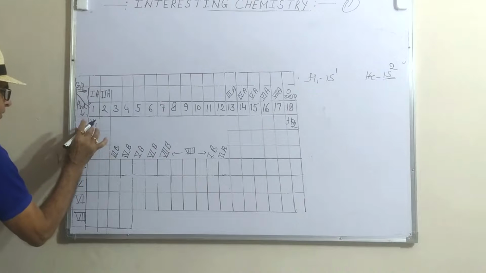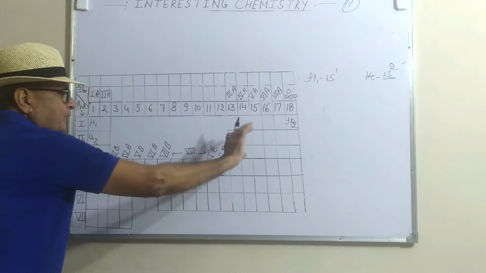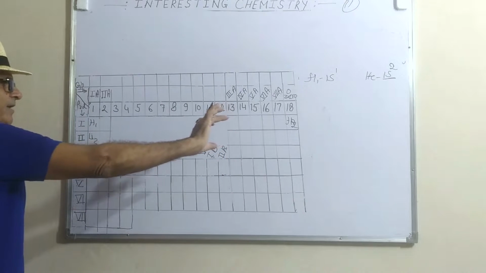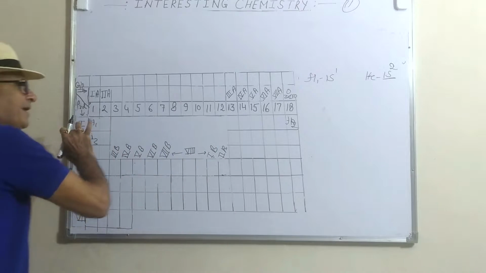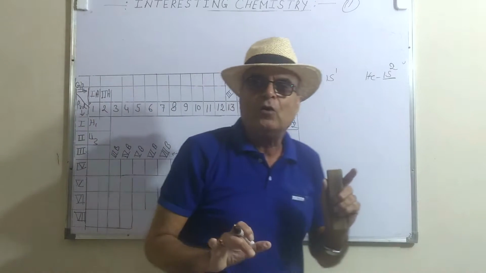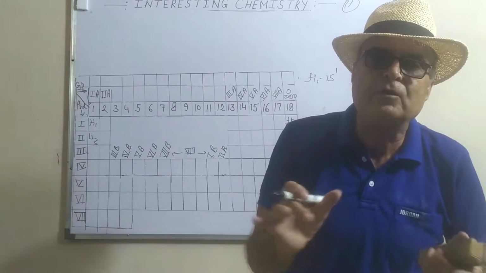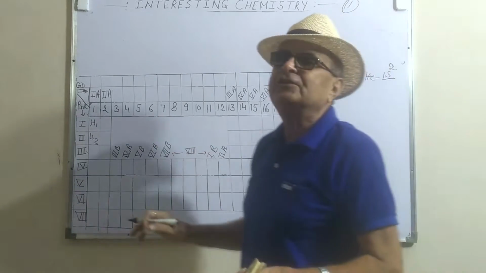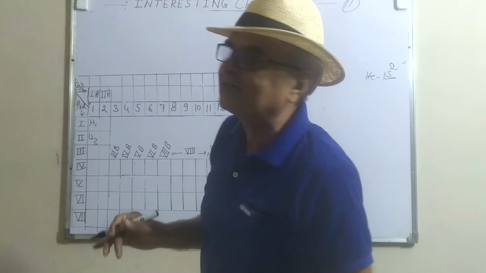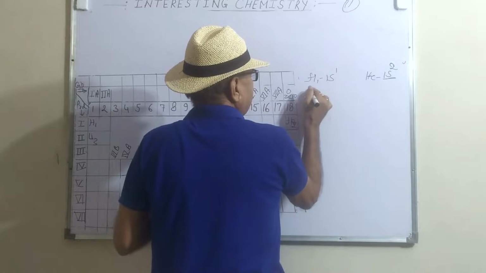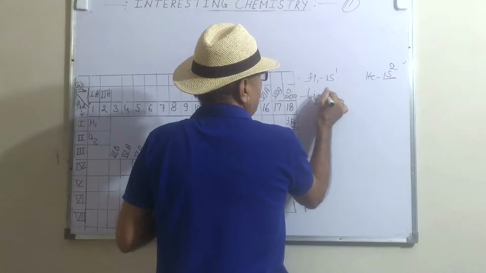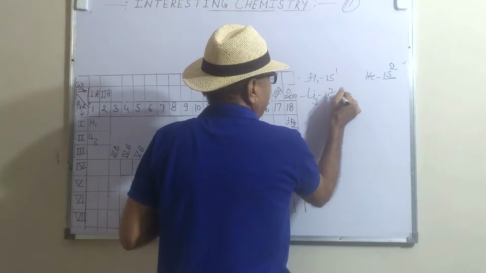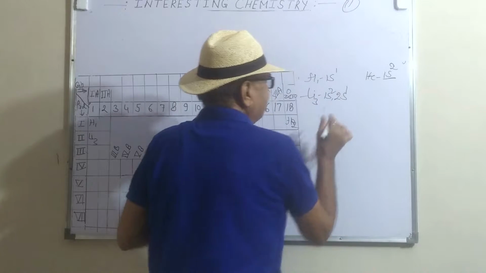Lithium. If you cut the strip of this and make a straight line of these strips, you will find the ascending order of the atomic numbers of these elements. 2 and 3, lithium 3. How will you write the electronic configuration? You know very well: Li3, 1s2 2s1.